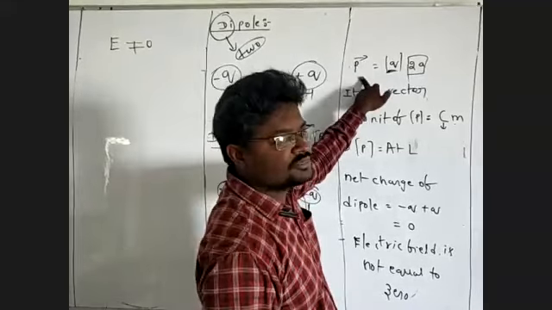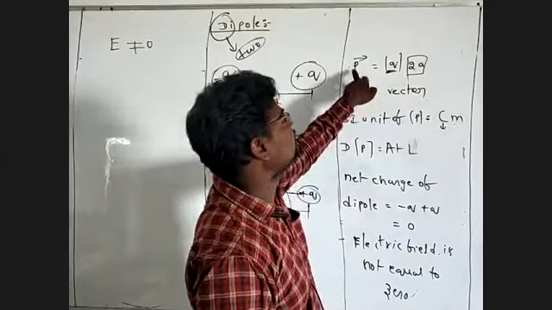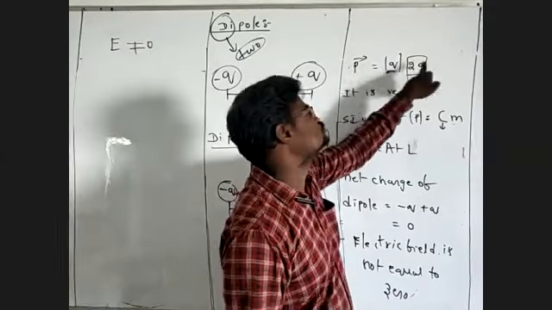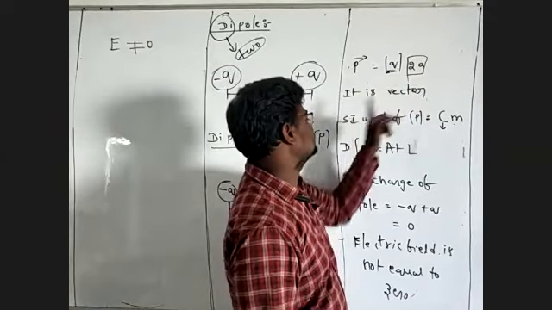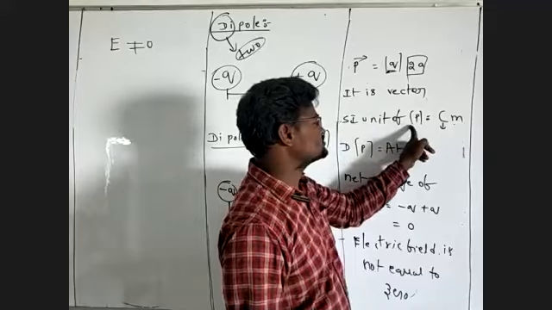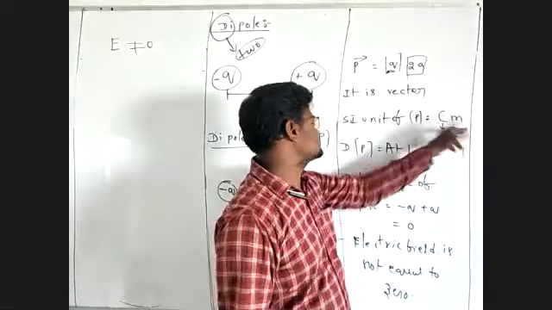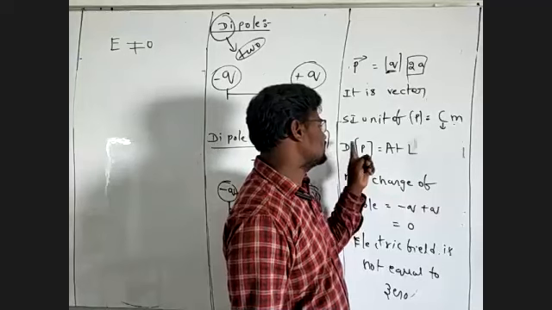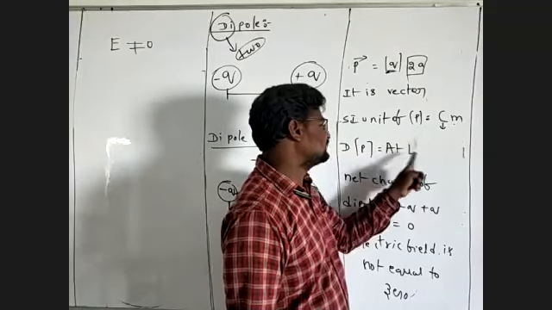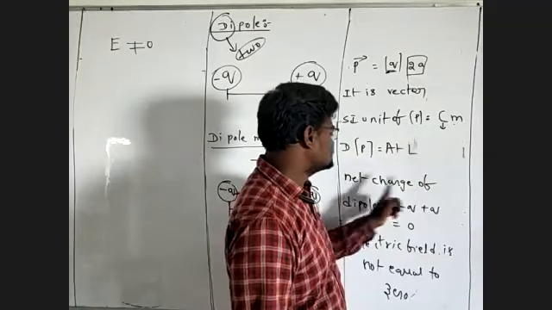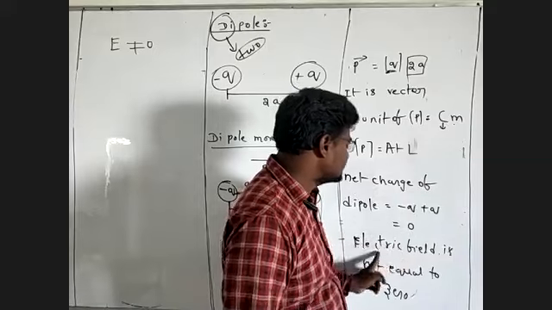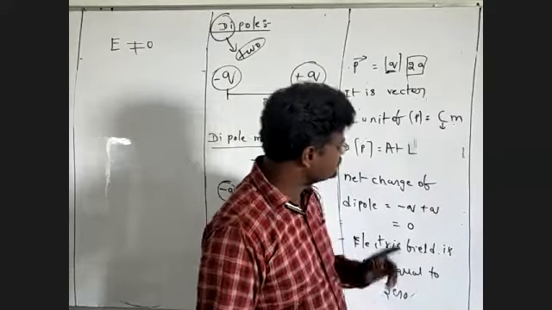Definition: the dipole moment P bar is equal to Q into 2a. It is a vector quantity. The SI unit is coulomb meter, and the dimensional formula is ATL. The net charge of a dipole is 0, but the electric field is not equal to 0.